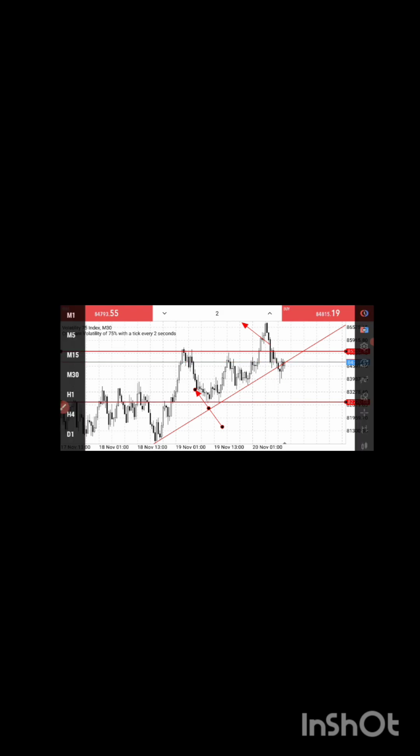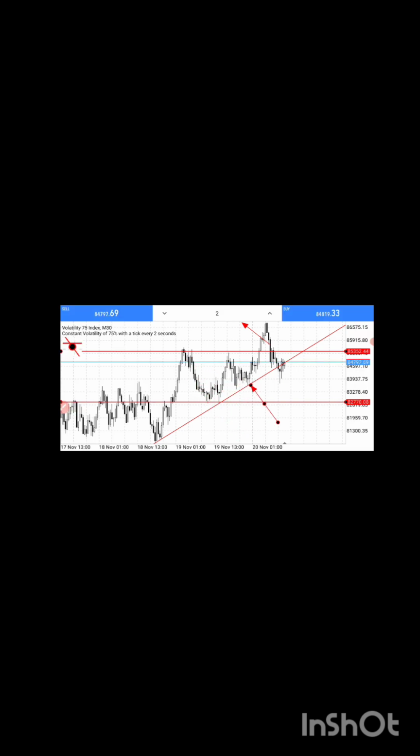So the belief is that if it is reversing and as it approaches this trend line, there is probability and statistical confidence that this market will buy.